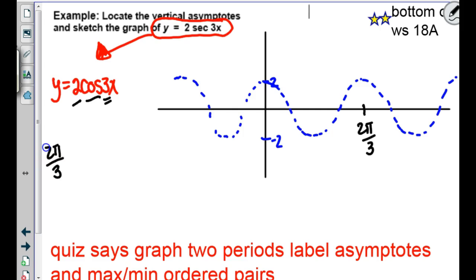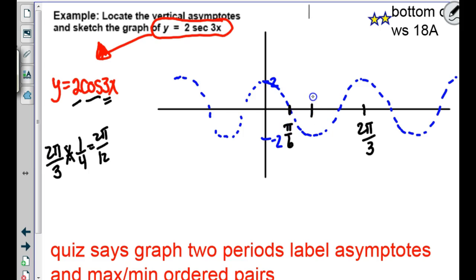2 pi over 3. We divide that by 4, which is the same as multiplying by 1/4, which becomes 2 pi over 12, or pi over 6. So this is pi over 6.